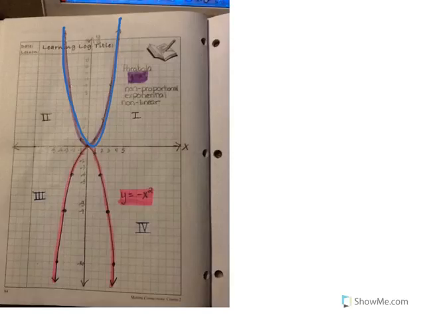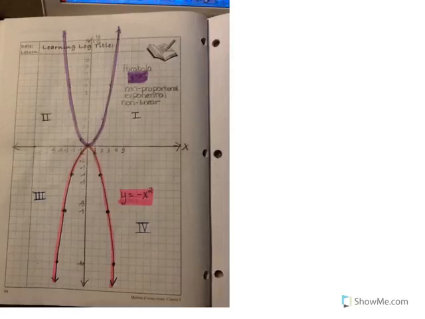So you should have 0, 0, 1, 1, -1, 1, 2, 4, -2, 4, 3, 9, -3, 9, and then 4, 16, and -4, 16. When you connect those points, it should be a fluid motion and make this nice fluid U shape. It shouldn't make straight lines from point to point.